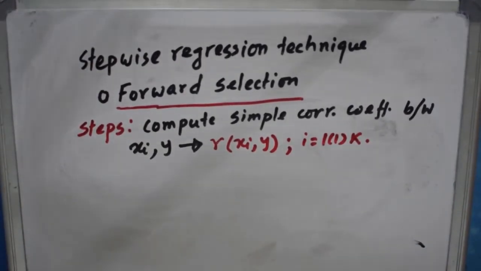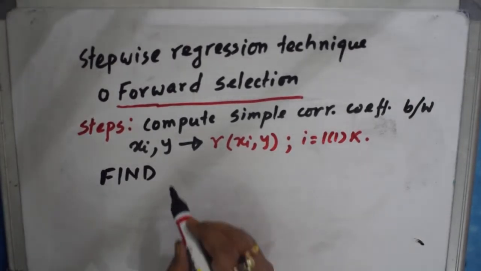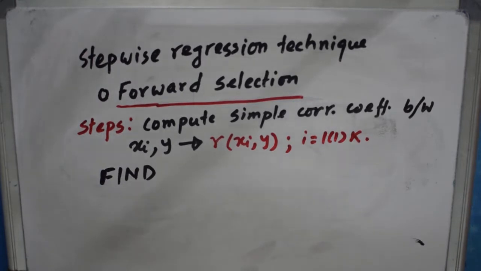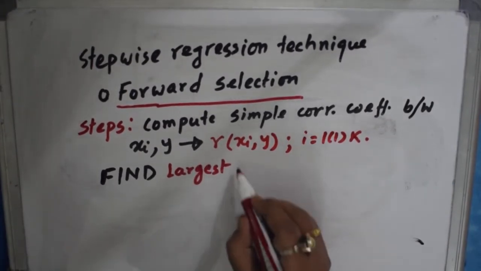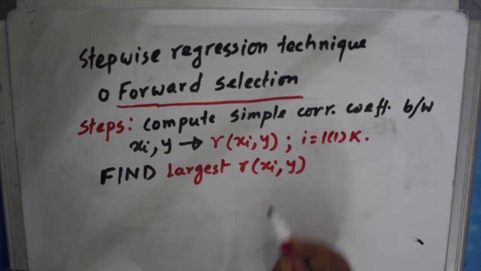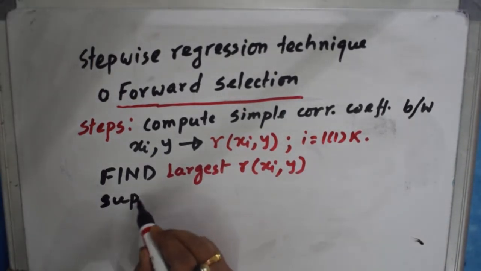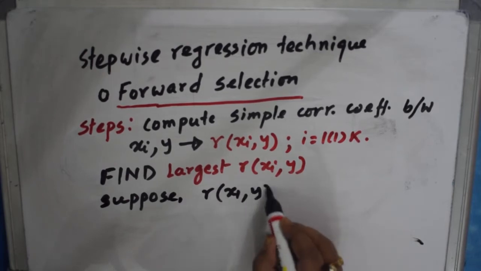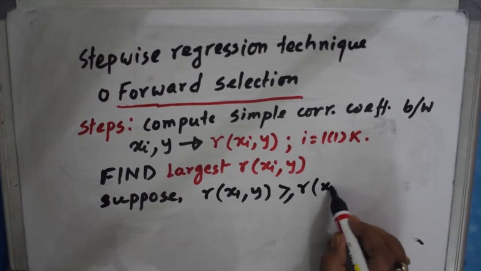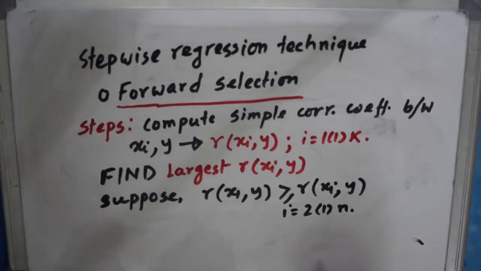Now find the largest R xi y. Suppose R x1y is greater than or equal to R xi y, for i from 2 to k.